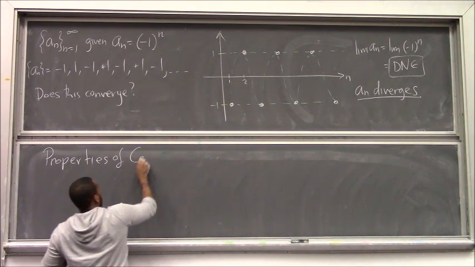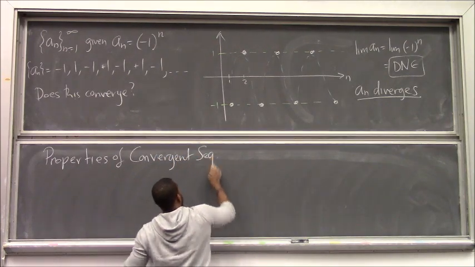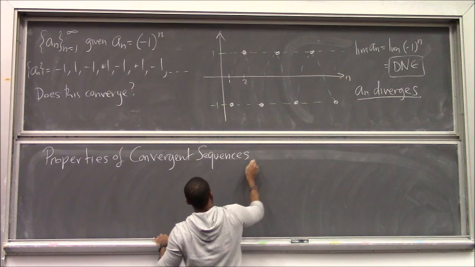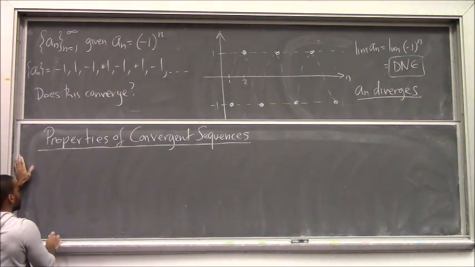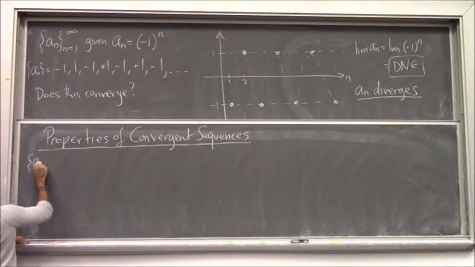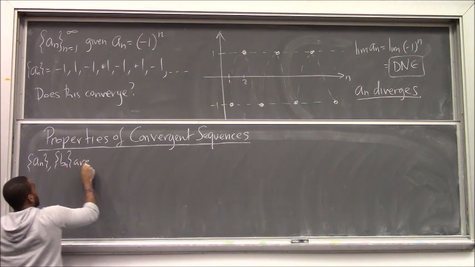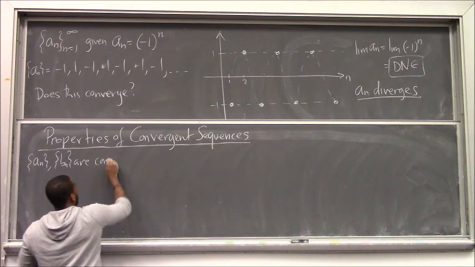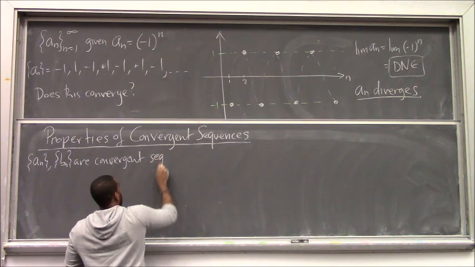Properties of converging sequences. So a_n, b_n are convergent sequences.